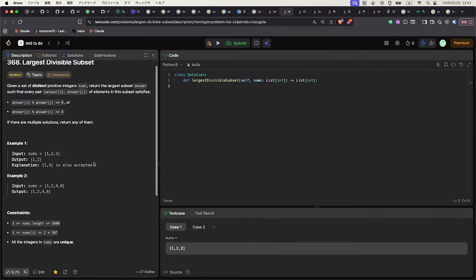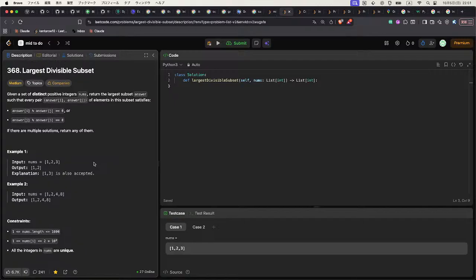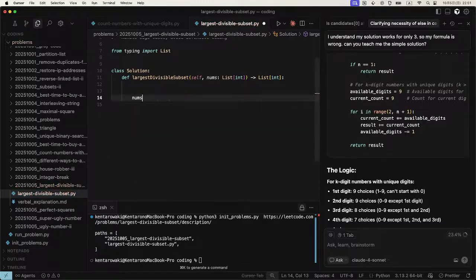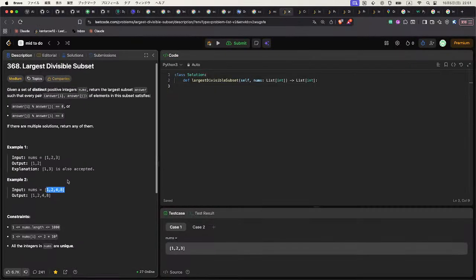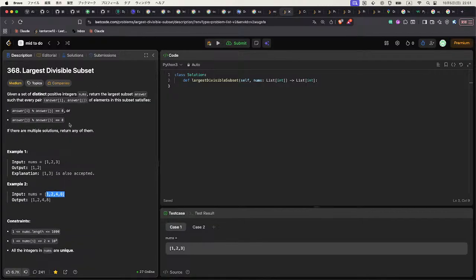Okay, first of all, we should sort it. 1, 2, 4, and 8, and we have to find the largest subset. Subset means we choose elements from them, and every pair in the subset must satisfy this condition.